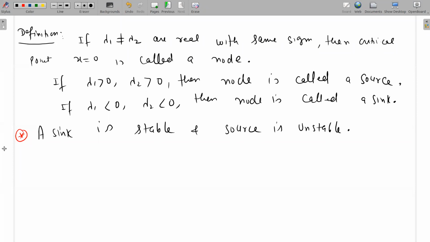So now we go a little bit in the direction of non-linear system, and that technique is called stability by Lyapunov's method.